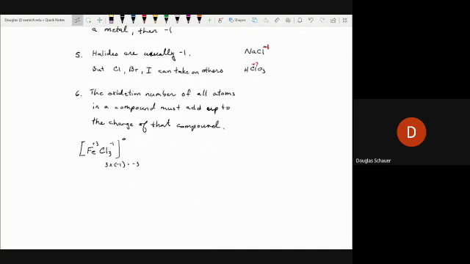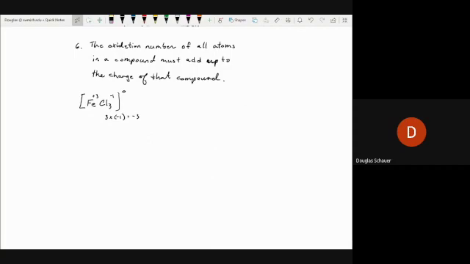All right, so let's see if we can look at some practice problems here. Let's look at the reaction of zinc with copper sulfate to produce zinc sulfate plus copper metal.